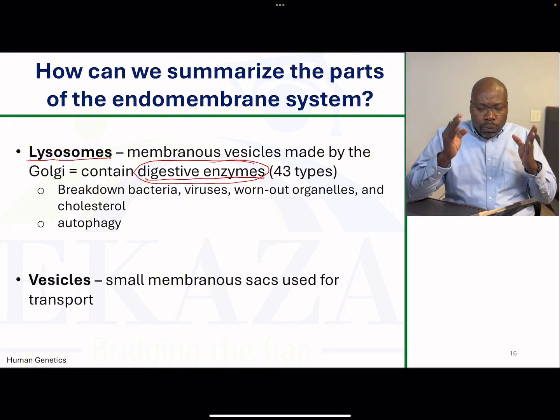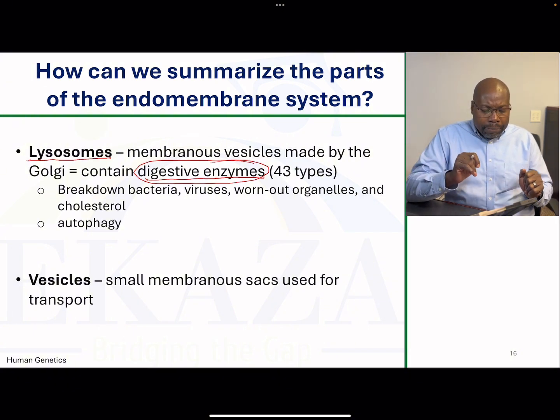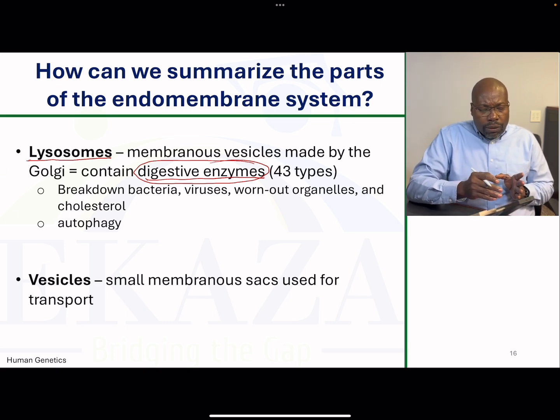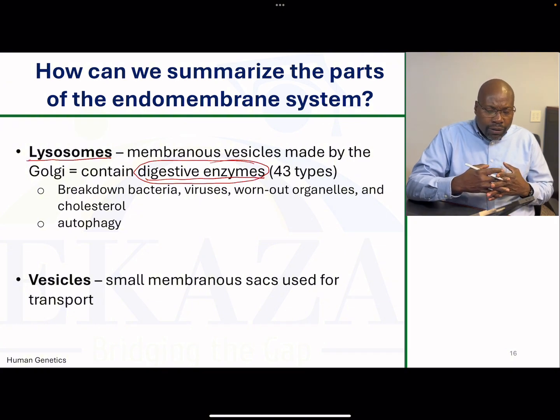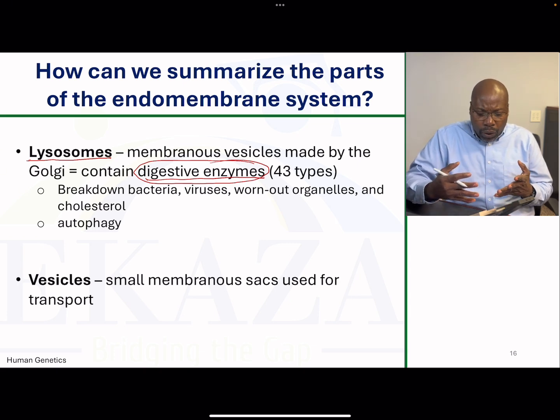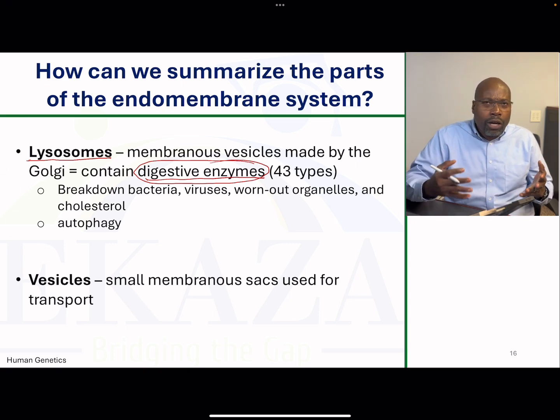All of that has to be chopped up into small pieces, and the digestive enzymes are responsible for that. Now, also, when some of our particles in our cells get damaged, for instance, a mitochondrion that is not good anymore, what becomes of that mitochondrion in our cells?